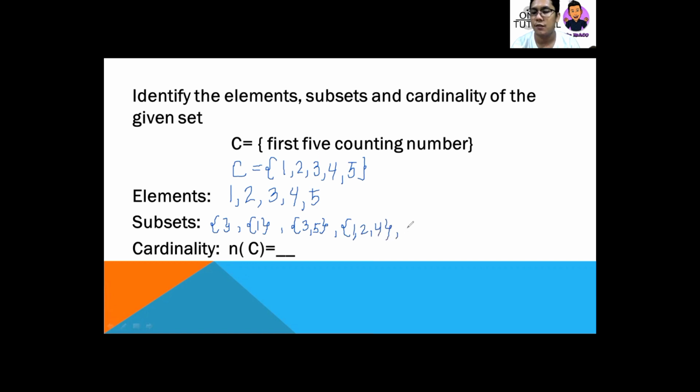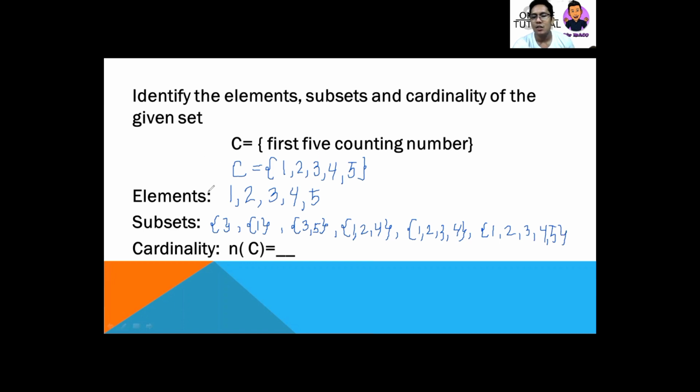Or 4 elements, 1, 2, 3, 4. And we could also have all of the elements in the set: 1, 2, 3, 4, 5. So there are a lot of subsets in this set.